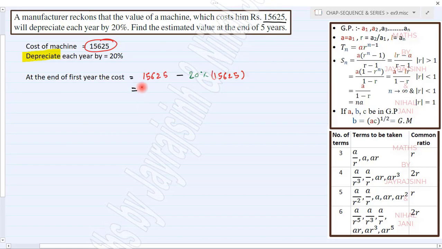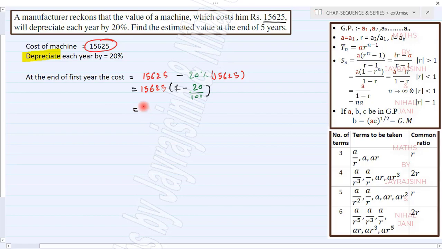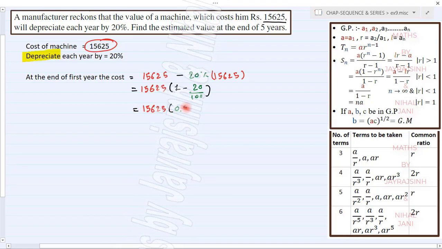So here we can take 15,625 common and we'll get 1 minus 20%, or we can say we will get 15,625 into 0.8.